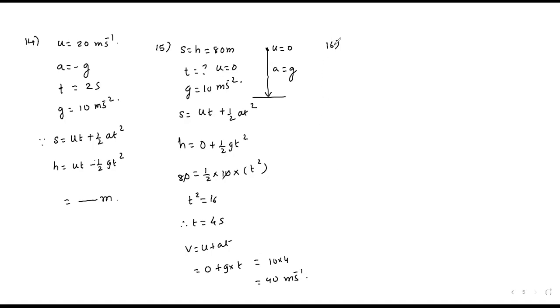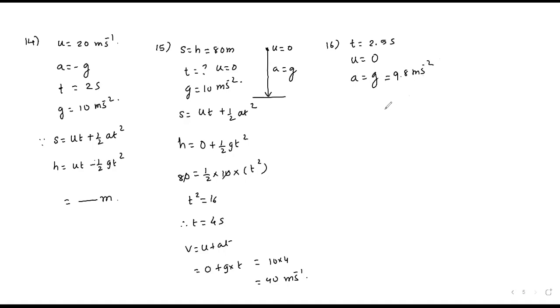Check the 16th one. What is given in the 16th? A body falls from the top of a building and reaches the ground. The time is given. How much? 2.5 seconds. The body falls from rest, so u is equal to 0. A is equal to g, which is 9.8 meter per second square.